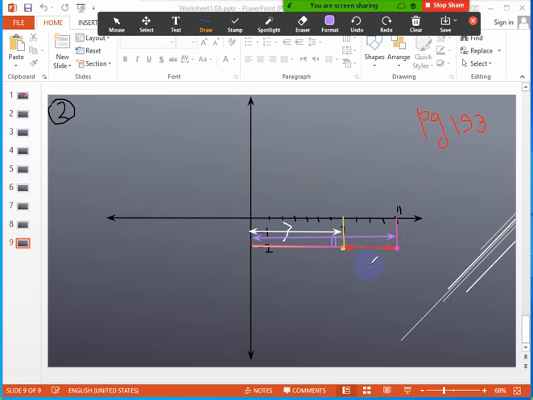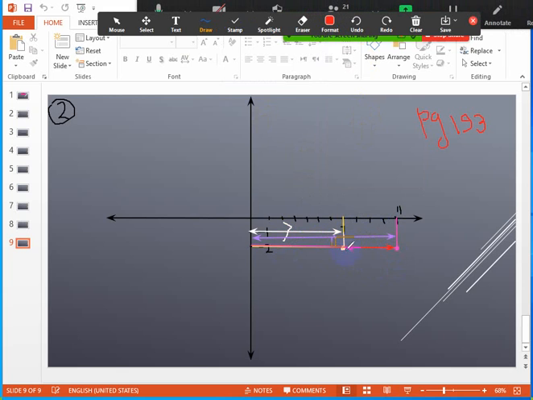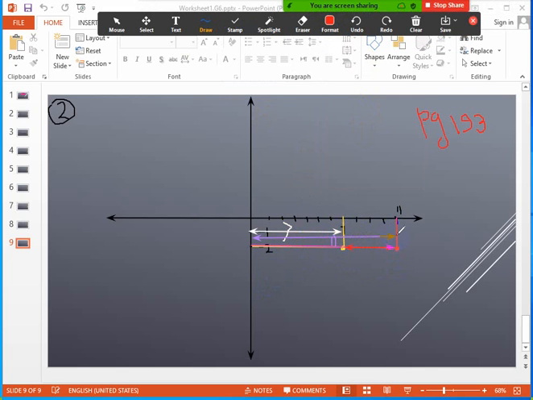So to find this red distance, what do I have to do? Add or subtract? Minus or plus? Very good, Joanna. Minus. I have to subtract between 11 and 7 to find the distance between those two points. That means the red distance is the absolute value of 11 minus the absolute value of 7, which equals 4 units.